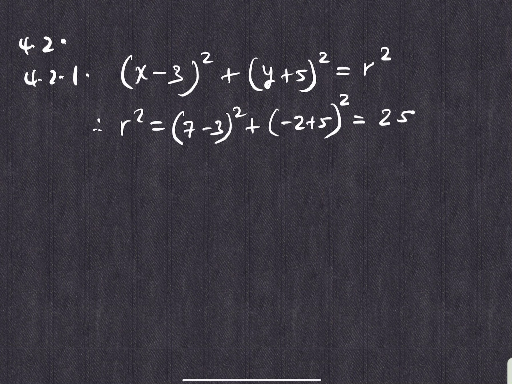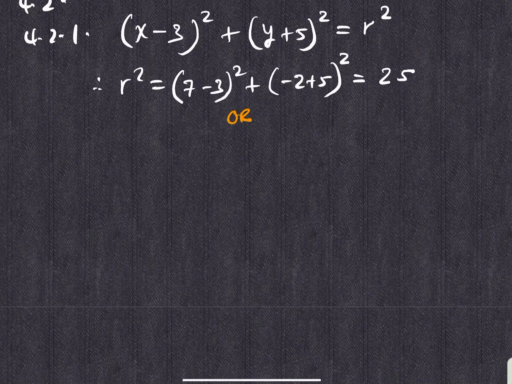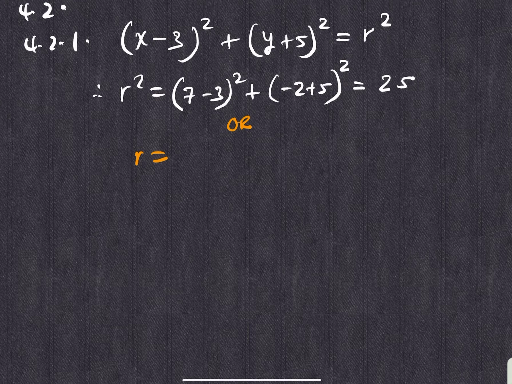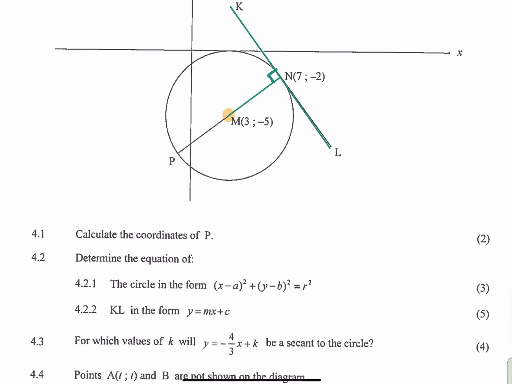Now, the other alternative is that you need to get your r. What is your r? Your r is primarily the radius of the circle. That is MN.